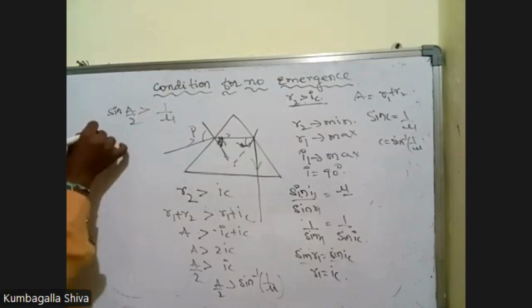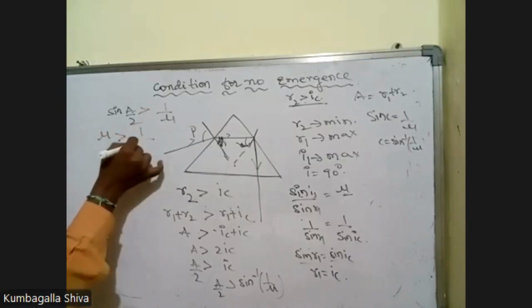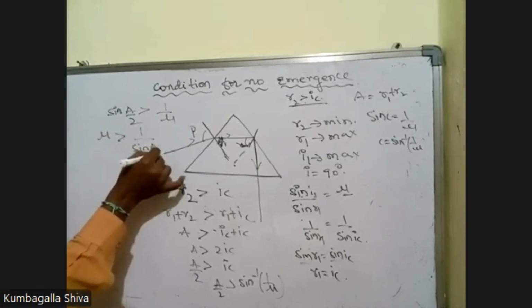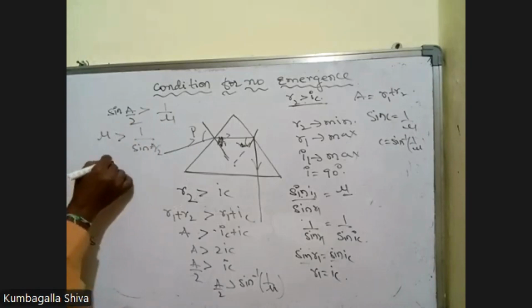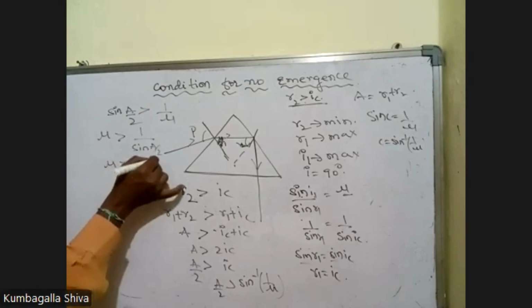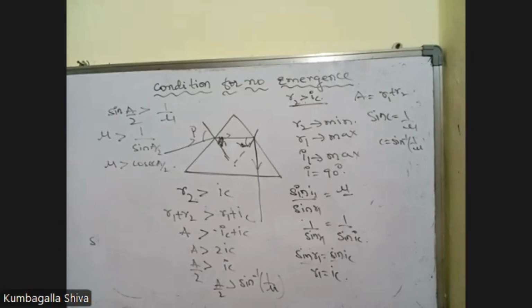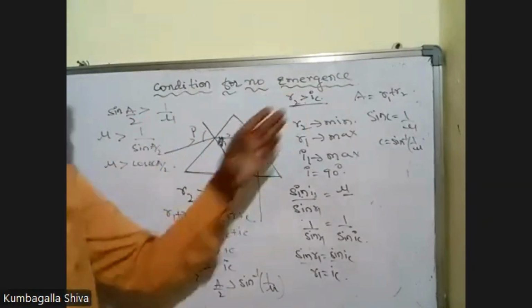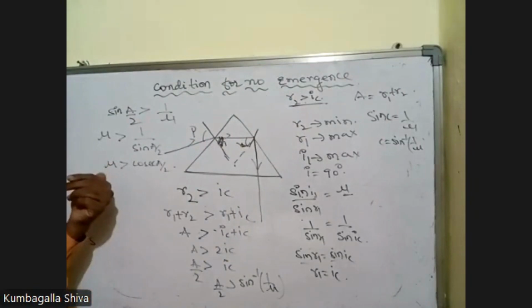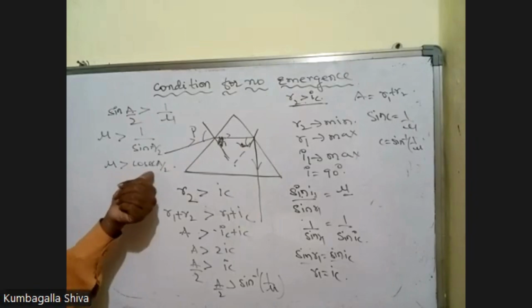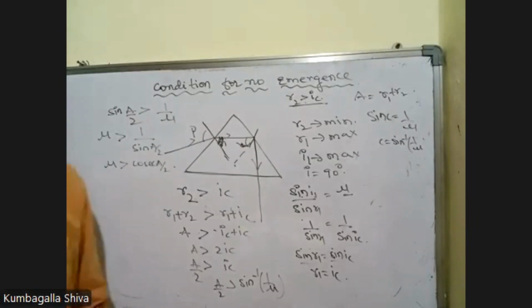So mu goes to the other side and you get 1 by sine A by 2, so mu is greater than cosecant A by 2. This is the basic condition. Clear? The condition for no emergence means the refractive index should be greater than cosecant A by 2.